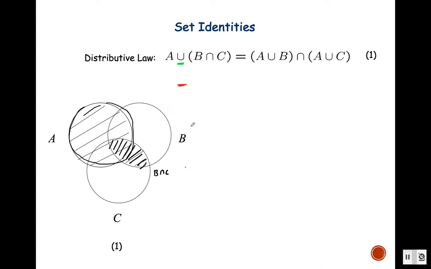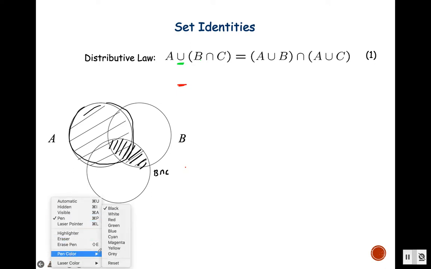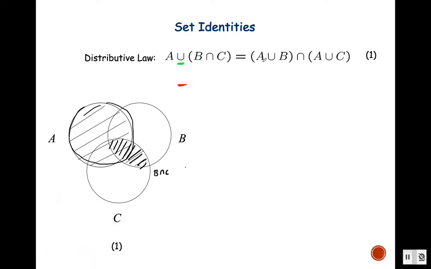Now let's find out what is our A union B and what is our A union C, and we are going to try to make an intersection out of them. So let's use red. A union B means actually this whole thing. I'm going to just draw the perimeter.